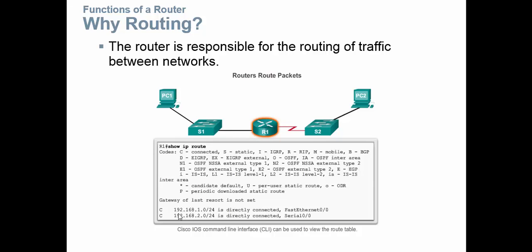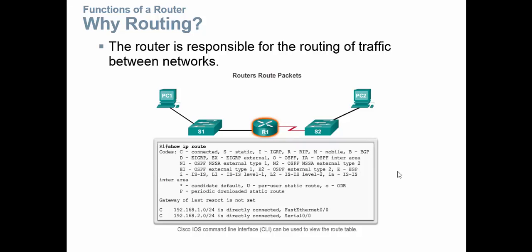And then I have 192.168.2.0/24, so a different 24-bit network is directly connected to the serial interface. So this is one way that we can see what routes are available on our router.